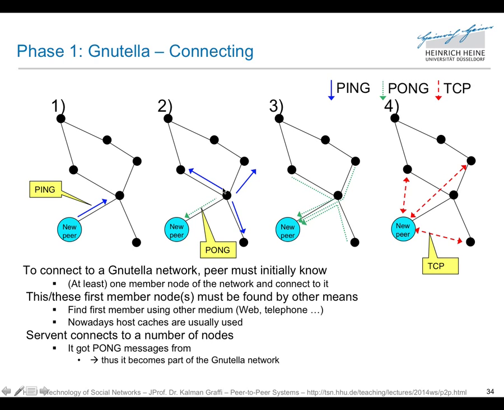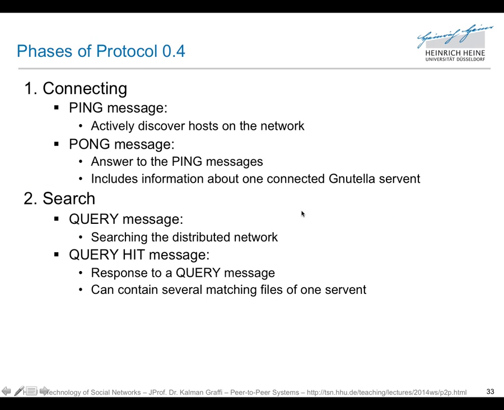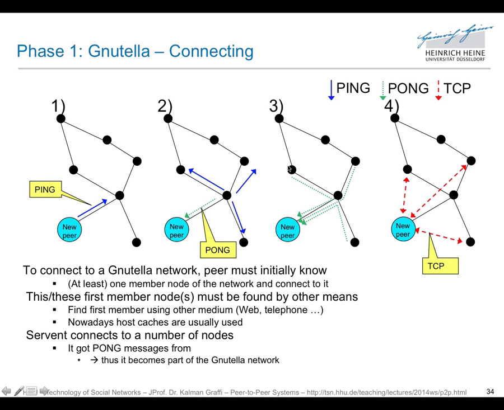The more important point is that it also forwards the ping to its neighbors. And they also reply with a pong message to you. They don't contact you directly, but they contact you over the node they received the message from. So you see, this is the path the pong messages take from the neighbors of your neighbor.